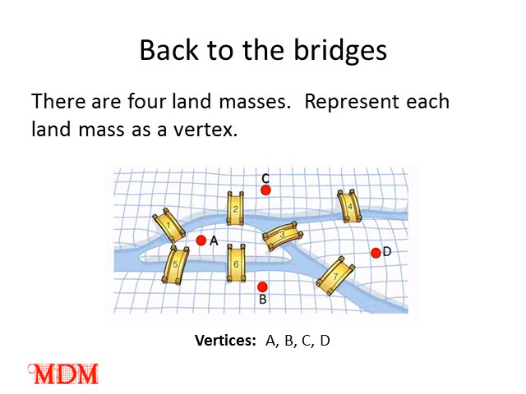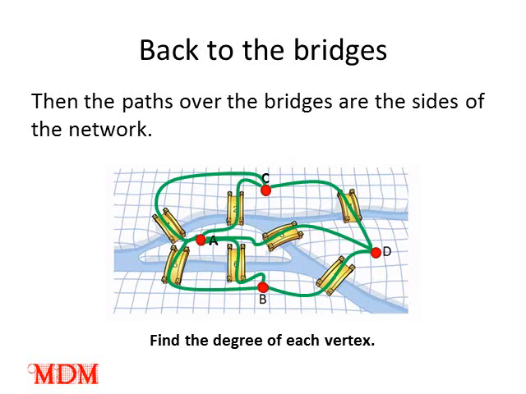So our vertices are A, B, C, and D in this case. Then the paths over the bridges are the sides of the network. So if we just find the degree of each vertex, then we should be able to determine whether or not this graph is traversable.